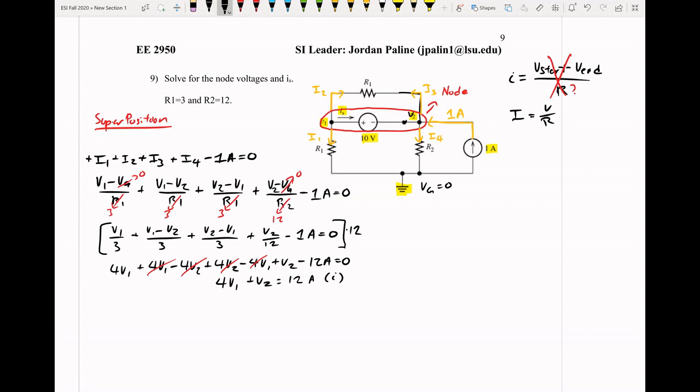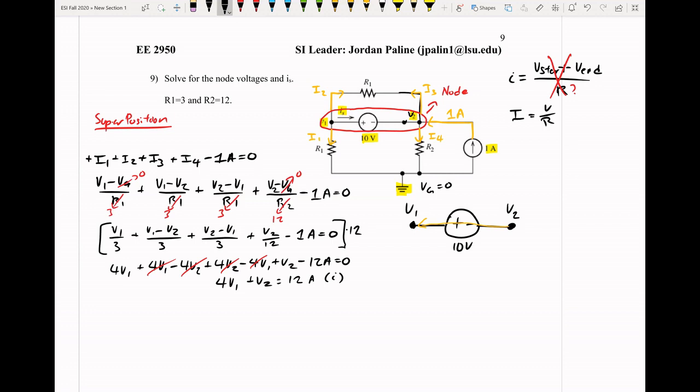The interesting thing about the supernode is that if we were to draw it out like that, where this is V2 and this is V1, and then this was 10 volts, what this means is that we start with the voltage at V2, travel through it, pick up 10 volts, and end up at V1.